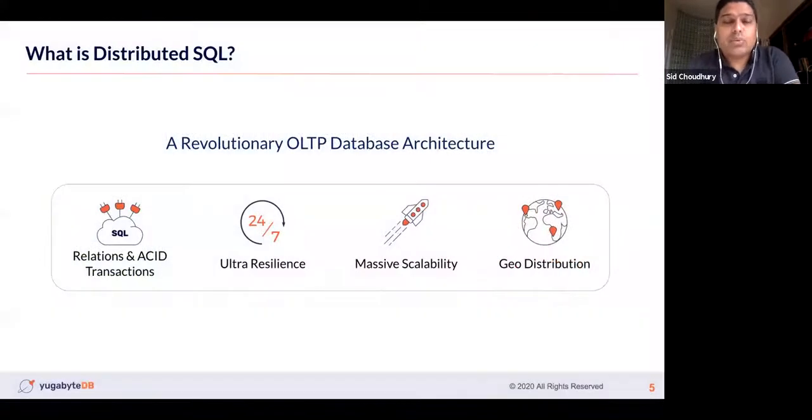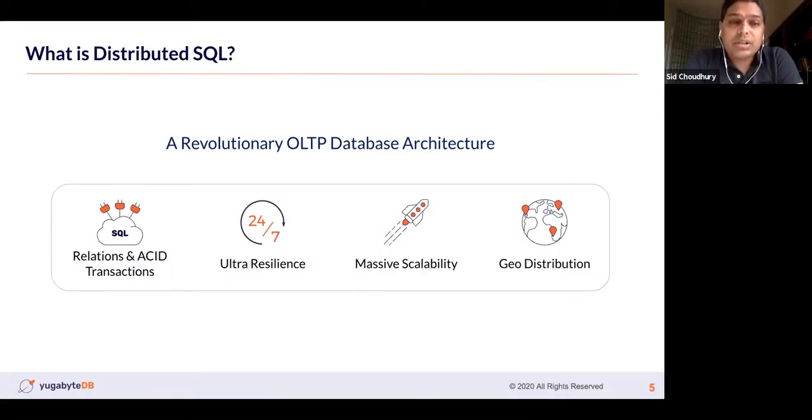So first is, what is distributed SQL? The way we explain it is a revolutionary OLTP database architecture. And OLTP means online transaction processing, for serving real-time business critical data to your applications, which are mostly user-facing, and hence transactions, consistency, availability, scalability, all these are very foundational needs of those applications.